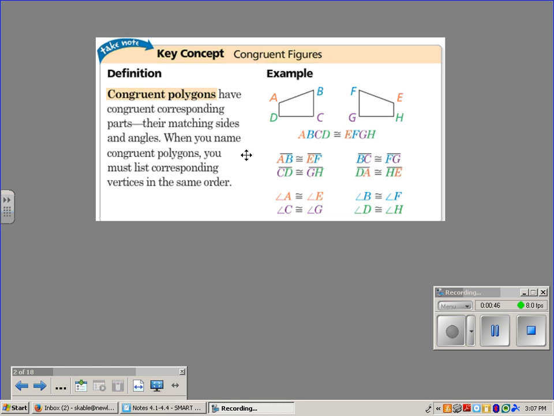Sides would match too, like AB would match EF. Notice that the colors help us with the labeling. DC would be congruent to HG. So when figures are congruent, each of their individual pieces, segments and angles, must be congruent.